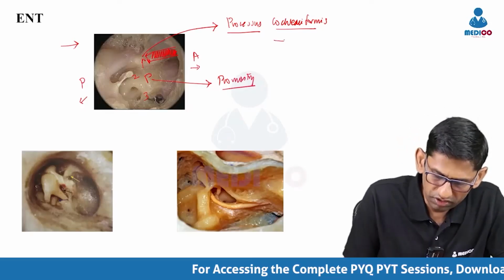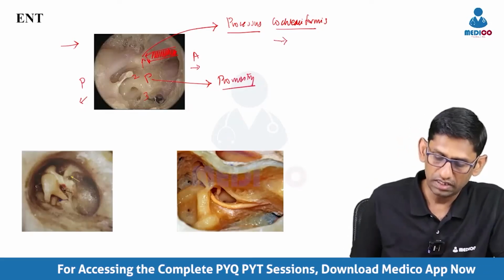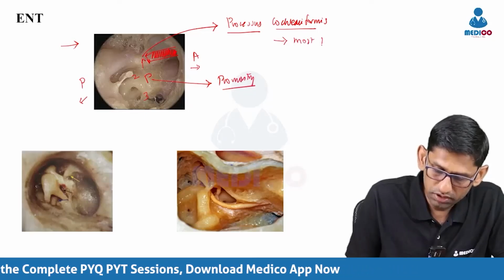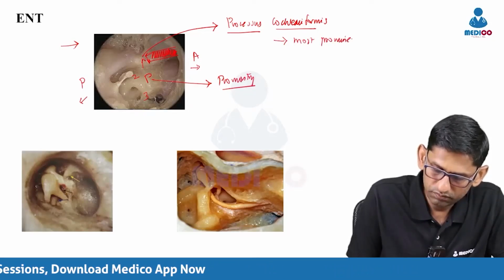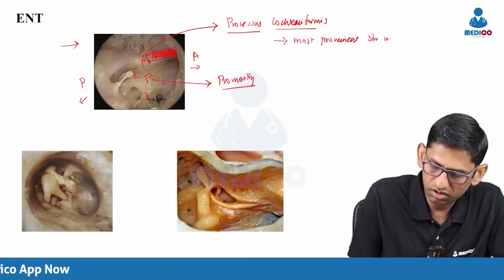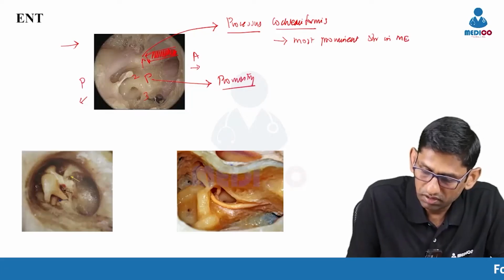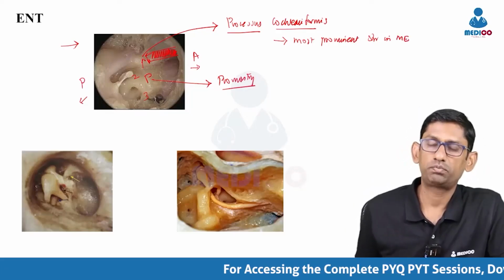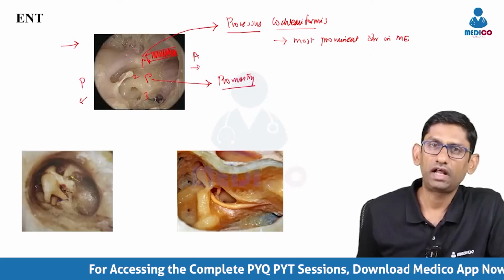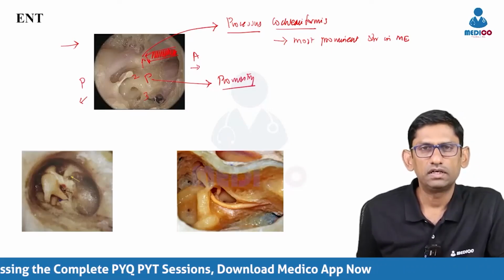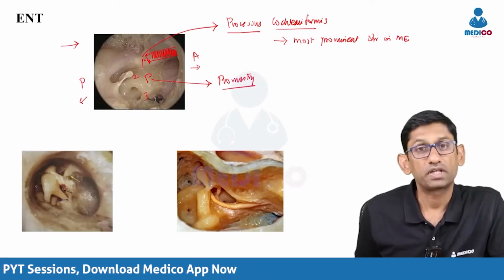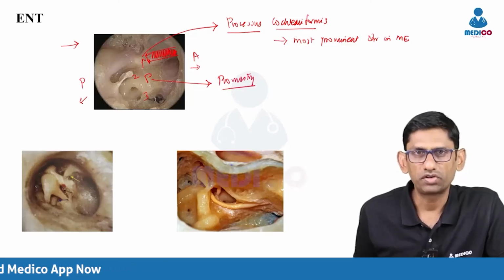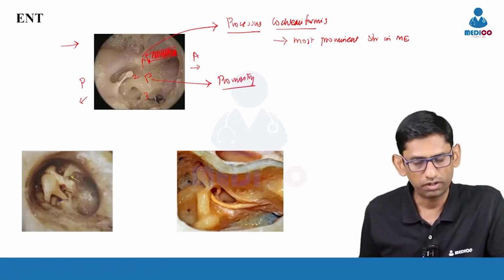And the point regarding the processus cochleariformis is that this is the most prominent structure in the entire middle ear. Like we have seen the tympanic membrane MCQ point, the most prominent structure of the tympanic membrane is the lateral process of the malleus. The most prominent structure in the entire middle ear is the processus cochleariformis. That's quite important.